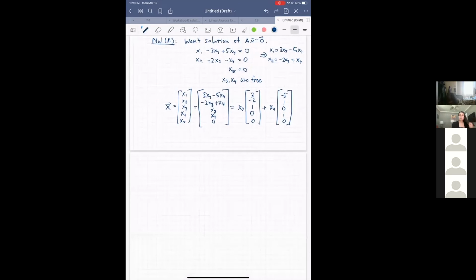Okay, so this is our solution, and these vectors will span the null space, right? So all linear combinations of these will be solutions as well, right? So that means that our null space is equal to the span of these two vectors.